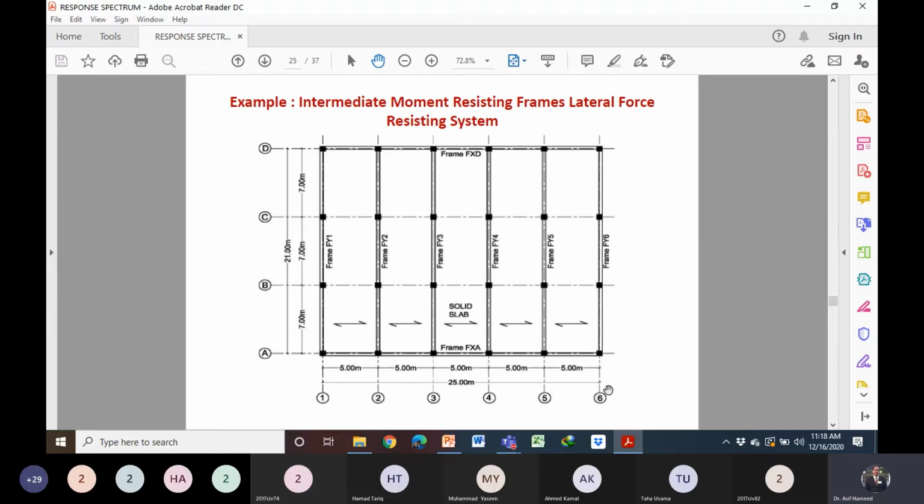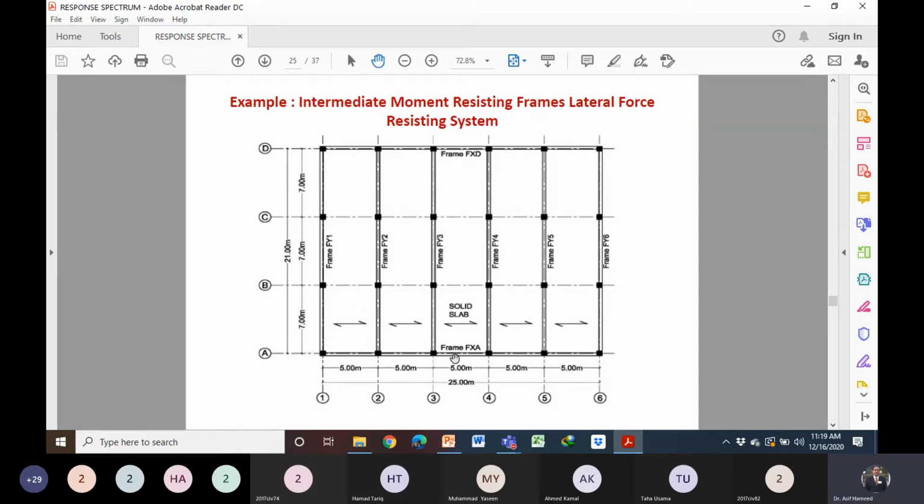So 6 grids along the x-axis, and 4 grids along the y-axis: A, B, C, D. We have 2 frames along the x-axis, along grid A and along grid D. So this is the frame here, this is the frame here, and then we have 6 frames along the y-axis: 1, 2, 3, 4, 5, 6. So we have 6 frames here.